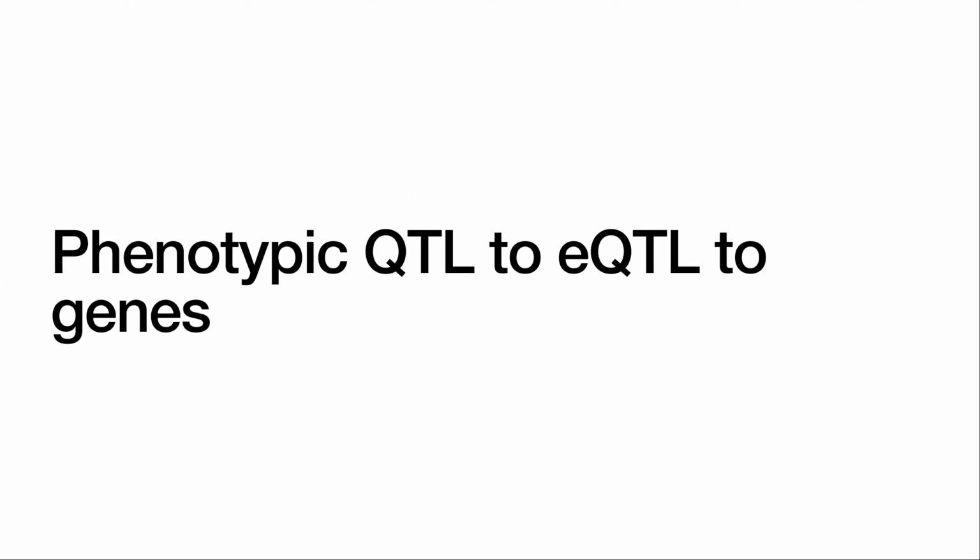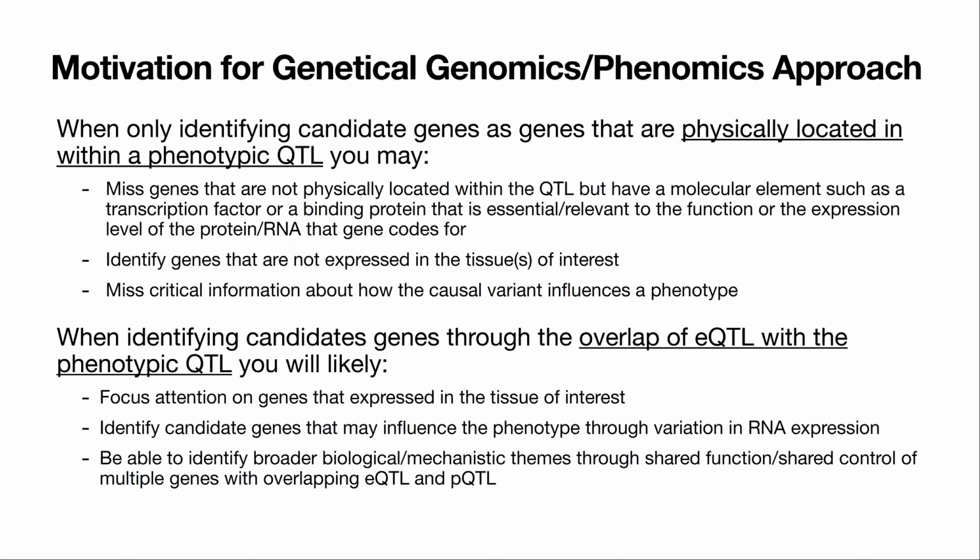So now how do we link this information we've gotten from eQTLs to our phenotypic QTLs and eventually to genes? So what's our motivation? I'm going to call this a genetical genomics phenomics approach throughout, just to give it some kind of terminology. When we use the first approach, when we only identify candidate genes that are physically located in a phenotypic QTL, we may miss genes whose RNA expression is controlled from that QTL, but they don't physically reside there.